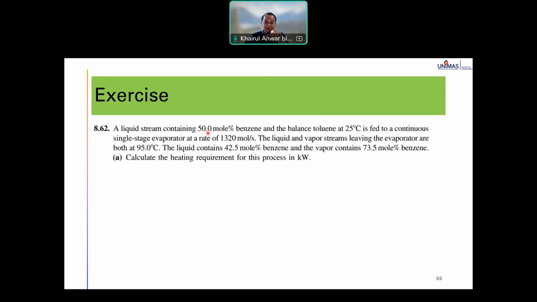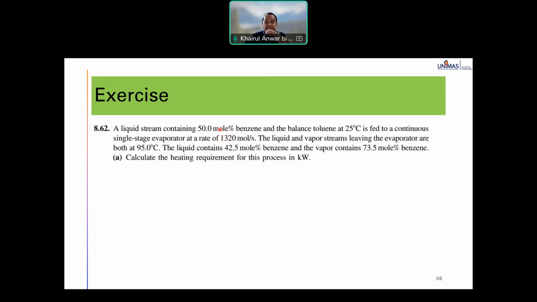You see here that the liquid stream contains 50% benzene. The balance is toluene, so meaning 50-50. Temperature of the feed is 25. In this case, they give the rate of feed, so there is no need to do a basis now.